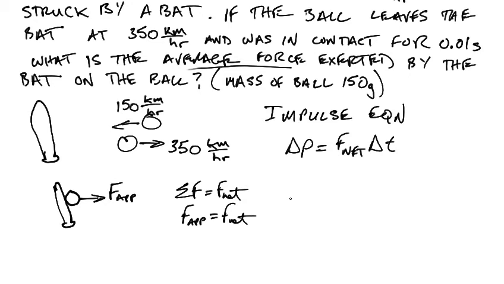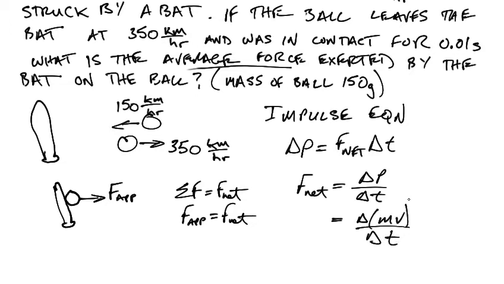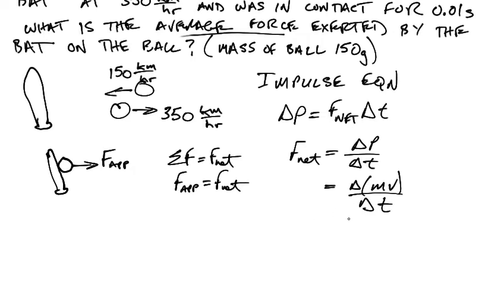So in that situation, then we can solve for F net here. From this equation, it's going to be delta P over delta T. And now we can replace delta P with delta mv over delta T. But the mass doesn't change, so that's constant, so we can take that out and just simply say this.